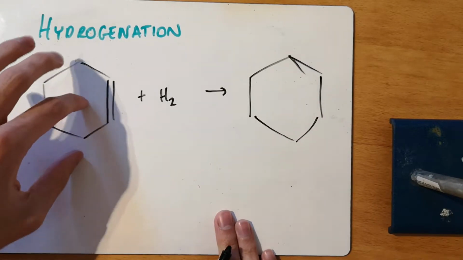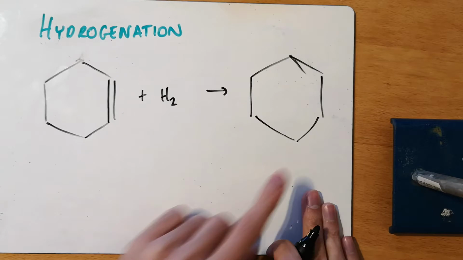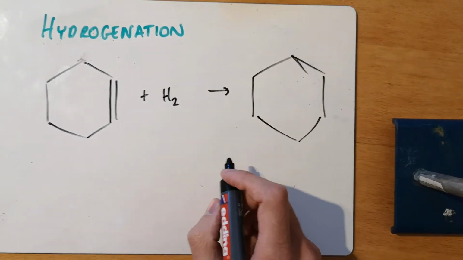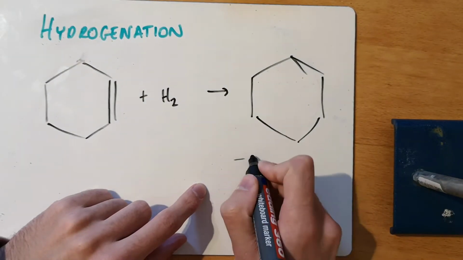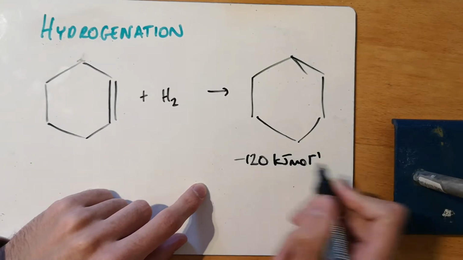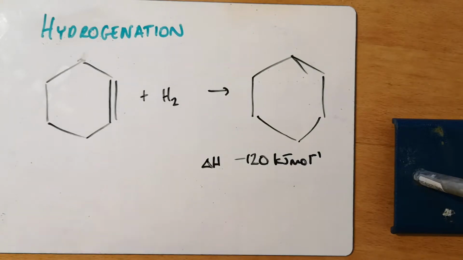So cyclohexene plus H2 goes to cyclohexane, and that gives off 120 kilojoules per mole. So an exothermic reaction, the enthalpy is minus 120 kilojoules per mole.